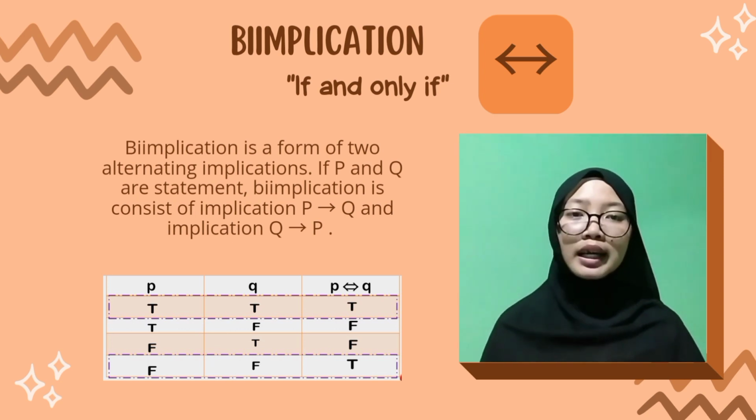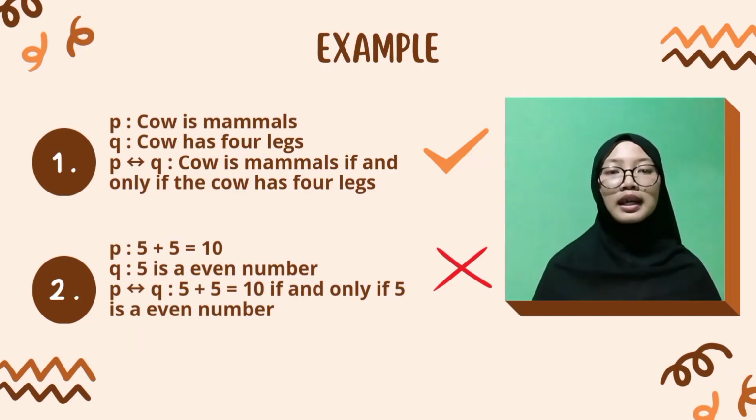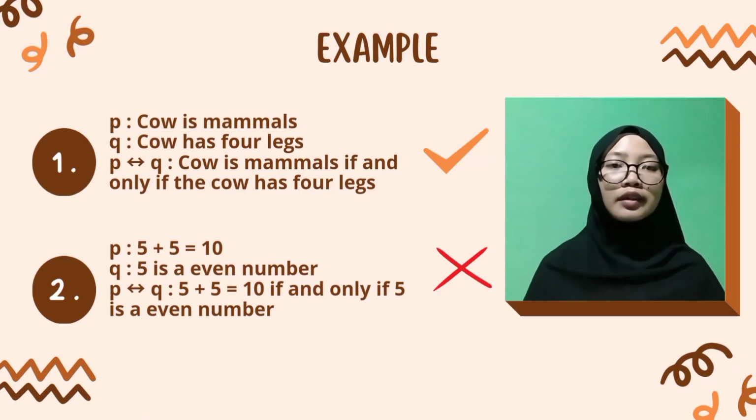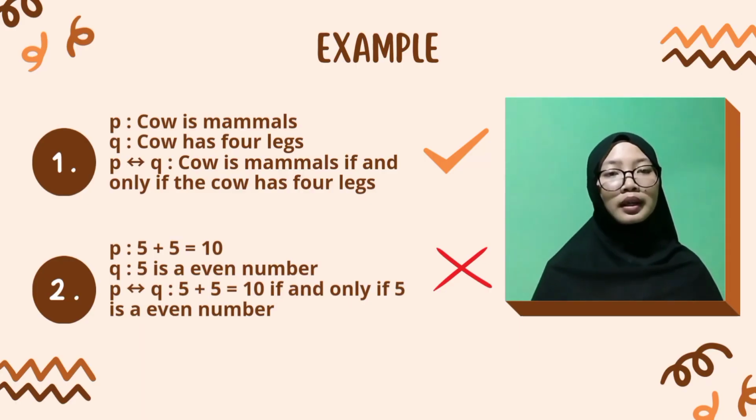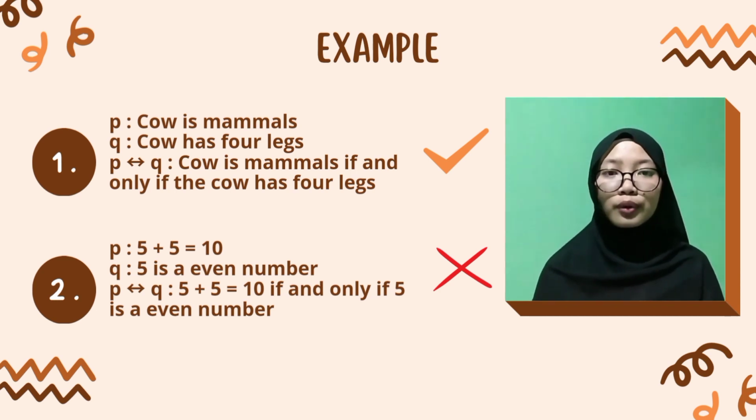To illustrate, let me give an example. This is the first example. The P statement is "cow is a mammal", and the Q statement is "cow has 4 legs".